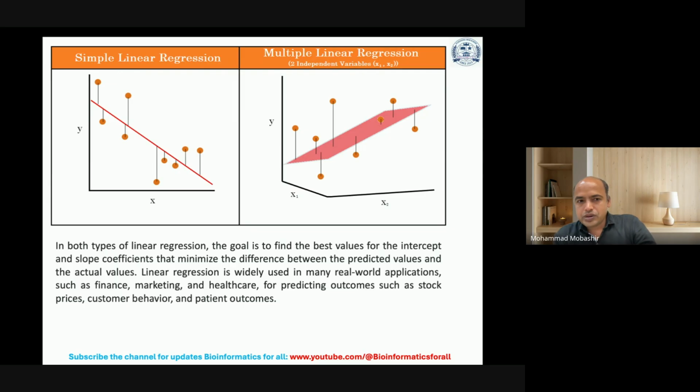In both types of linear regression, the goal is to find the best values for the intercept and slope coefficient that minimize the difference between the predicted values and the actual values. Linear regression is widely used in many real-world applications, such as finance, marketing, and healthcare, for predicting outcomes such as stock prices, customer behavior, and patient outcomes.